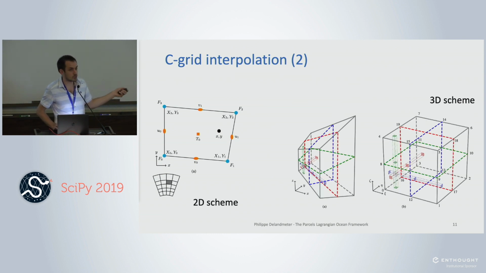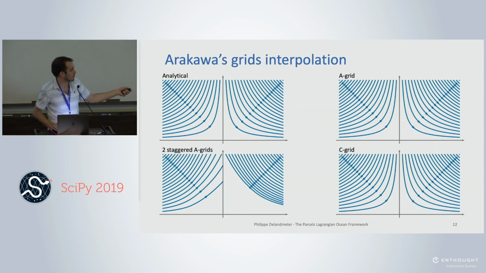So if you have a structured hexahedron, you can also remap it to a cube, and you can correctly, conservatively and consistently transport your particles in a structured C grid. And if you follow the C grid, you will also retrieve the perfectly analytical flow. Yeah, I've built the flow to be this way, so it's not really a surprise.